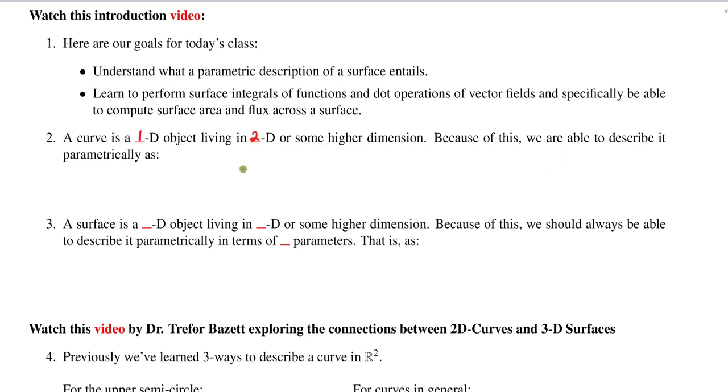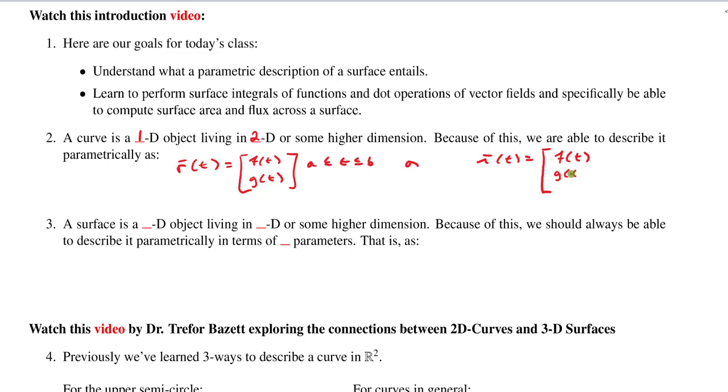Because of this, we describe curves parametrically as something like r of t is equal to f of t, g of t, if we think of the curve as living in R2, for a less than or equal to t less than or equal to b, or r of t is equal to, let's put it in R3, f of t, g of t, h of t for some increment of time.